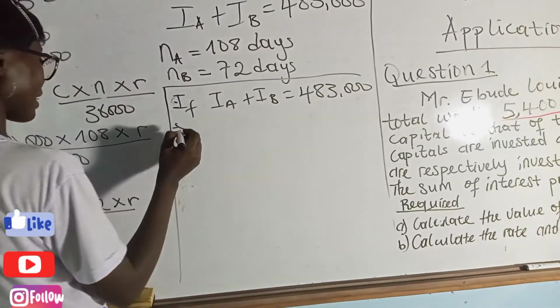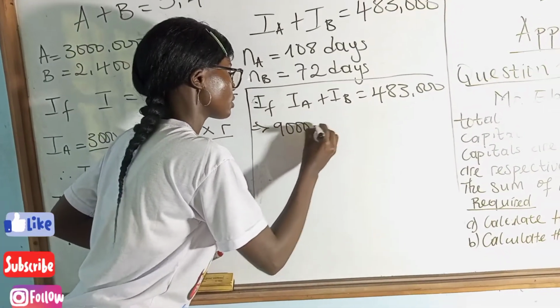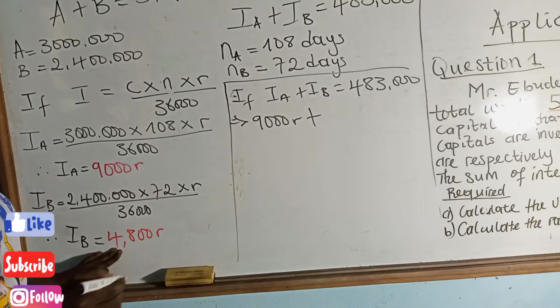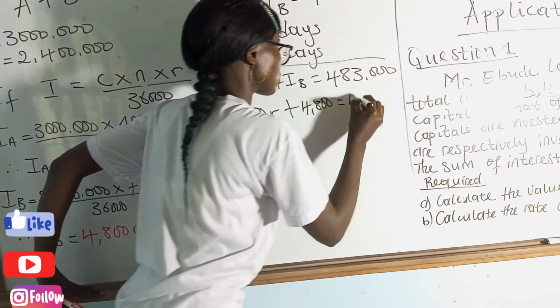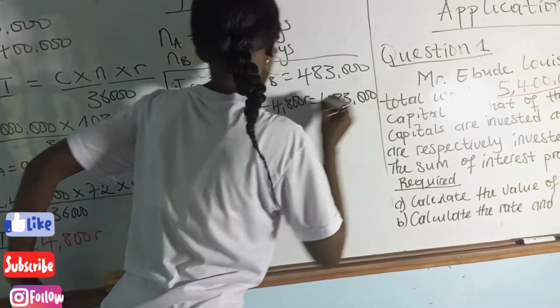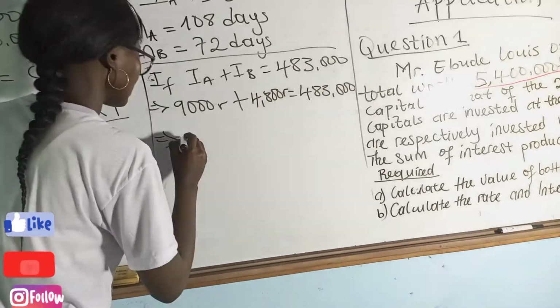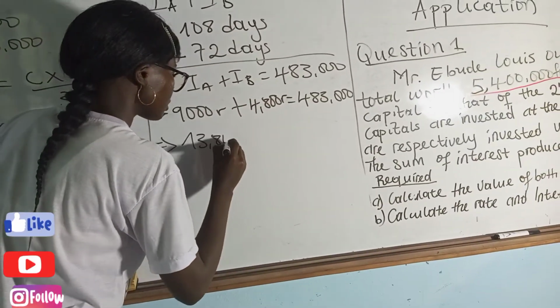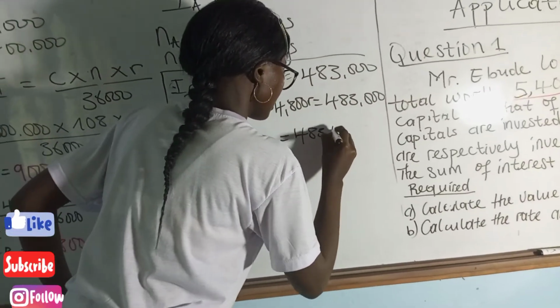Therefore this is IA, which is 9,000 R, plus 4,800 R, which is equal to 483,000. Therefore 9,000 plus 4,800 is 13,800 R equals 483,000.